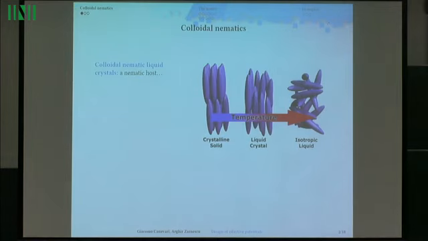So what are colloidal nematics? Well, we have nematic liquid crystals, this phase of matter, this state of matter some materials can be found in, a phase of matter where the molecules do not have positional order, they are uniformly distributed in space, but they do have long-range orientational order, meaning that molecules that are even quite far apart in terms of molecular length scale, they are still preferring to orient along the same direction.